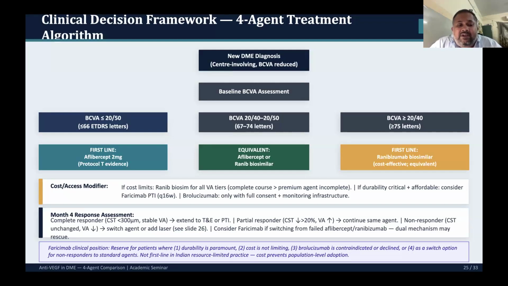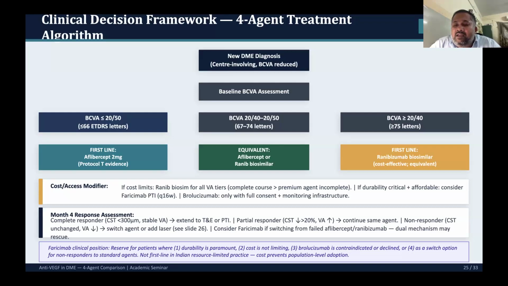So if cost is a limit, ranibizumab biosimilar for all visual acuity tiers. A complete course of a biosimilar is greater than an incomplete course of a premium agent. So even if you have a biosimilar, at least having a complete course of the biosimilar is better than having an incomplete course of an innovator molecule.